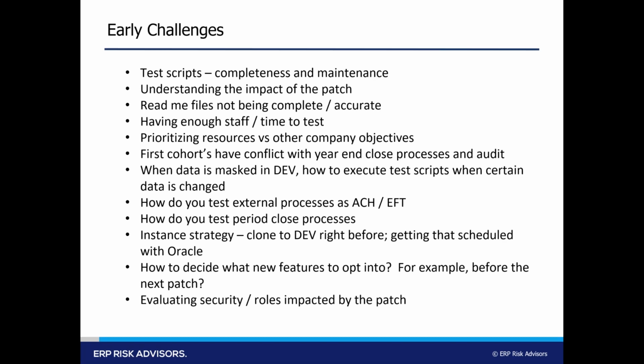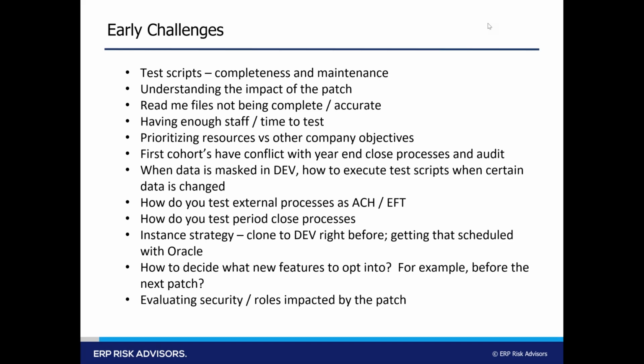So some of the early challenges that organizations faced once they've gone live were the meat of that webinar. I'm not going to go through all these details, but I'll highlight a couple of things that were discussed. Test scripts: the completeness of those test scripts is critical, and in theory, you should have complete test scripts coming out of your UAT cycle, or your go live of the system, as provided by the SI.